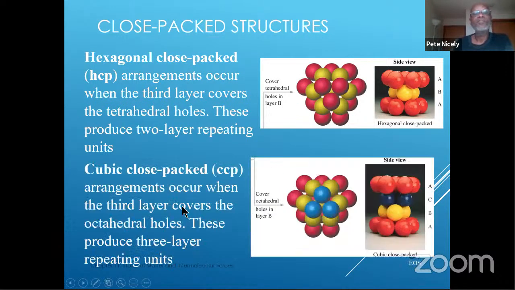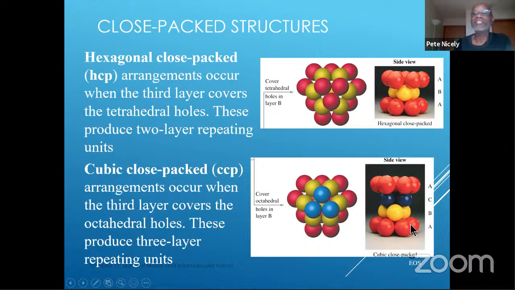Now, if the next layer, instead of covering the tetrahedral hole, covers the octahedral hole, then you're going to end up with what is called a cubic close pack arrangement, right? So that's what we're showing here. And if you turn it sideways, it's going to look like this. In terms of the repeat arrangement, as you go from bottom to top, it's going to be one arrangement here, a different arrangement for the second layer, a different arrangement for the third layer, and then the fourth layer would be the same arrangement as the first layer.